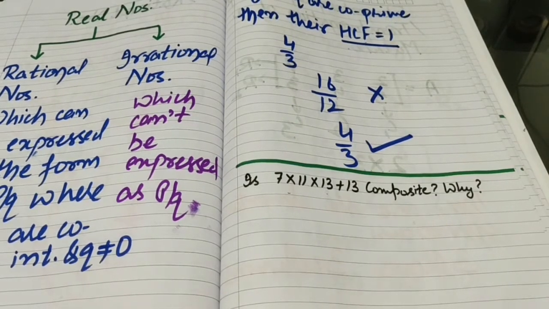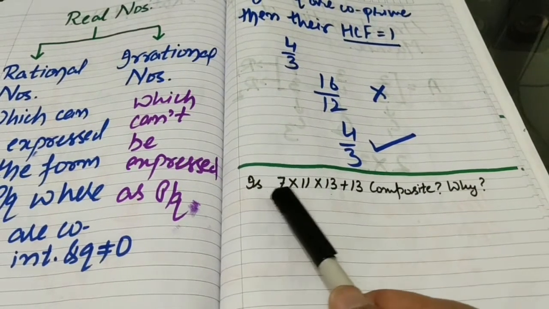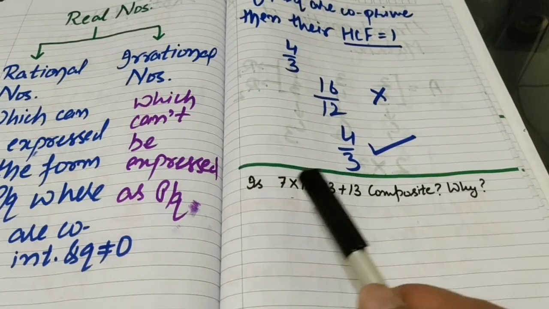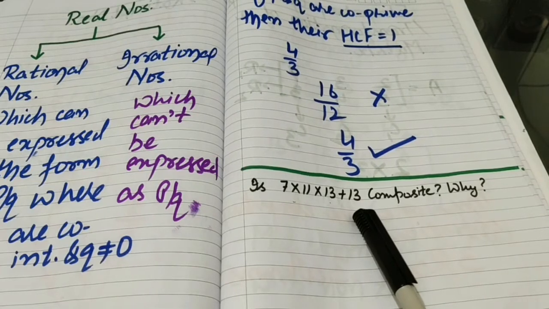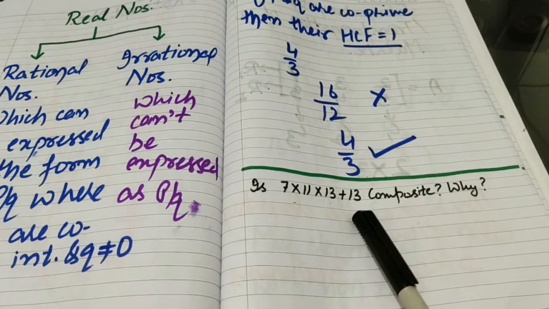We know that prime numbers are those which have only two factors, 1 and the number itself, whereas composite numbers are those which have more than two factors. To check whether this is composite or not, we will try to find its factors. If this number has any factor other than 1 and the number itself, then it will be composite.